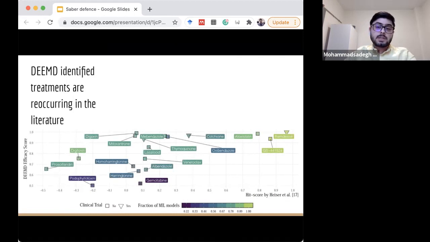We can see that the treatments with high efficacy scores, namely remdesivir, GS44, and aloxistatin, were also assigned a high hit score by the original paper. Note that even some of the identified treatments have already gone under clinical evaluation and shown to be effective against COVID-19, such as colchicine.